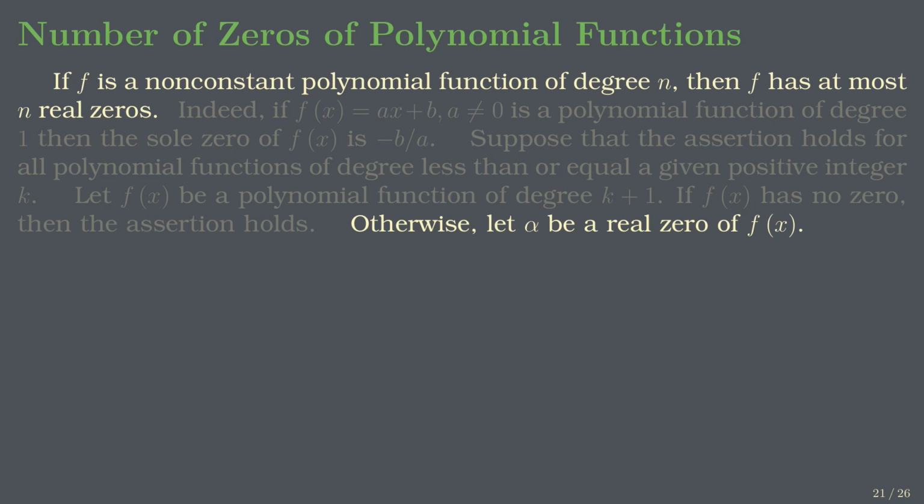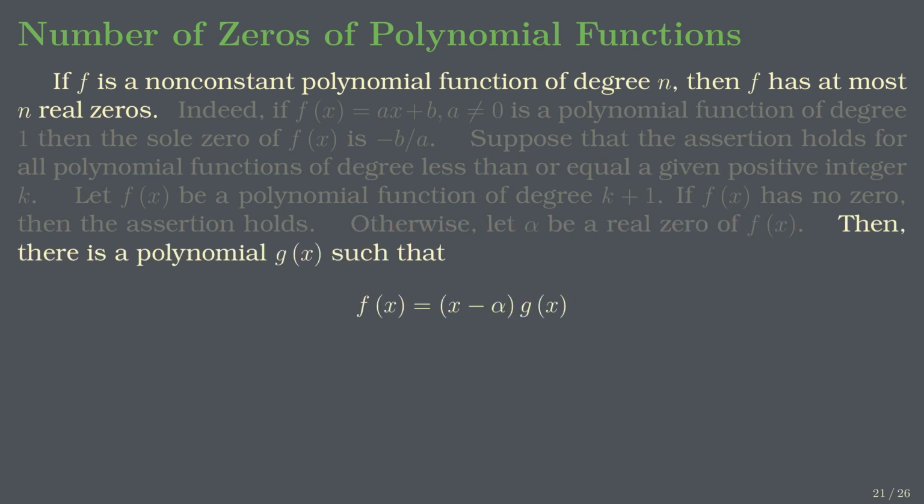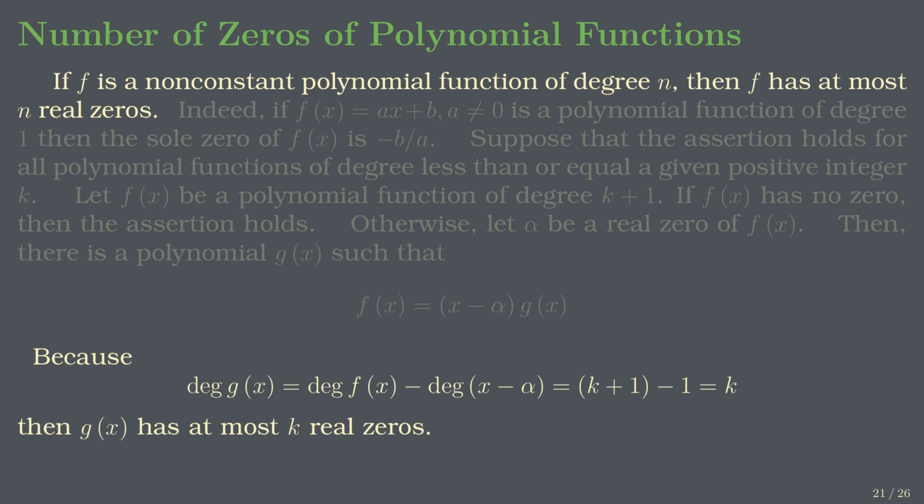But when f(x) has at least one zero, let's call the zero alpha, then because we can factor f(x) as x minus alpha times g(x) for some polynomial g(x), we know from this formula that g(x) has degree strictly less than f. In this case, the degree of g(x) is actually k.